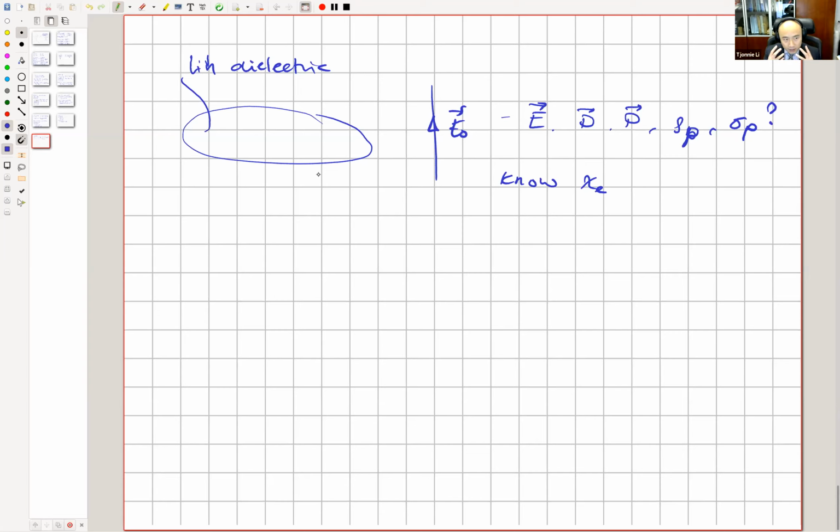You remember what the formula is for the displacement field? We discussed this a few slides ago. How's the displacement field related to the electric field?